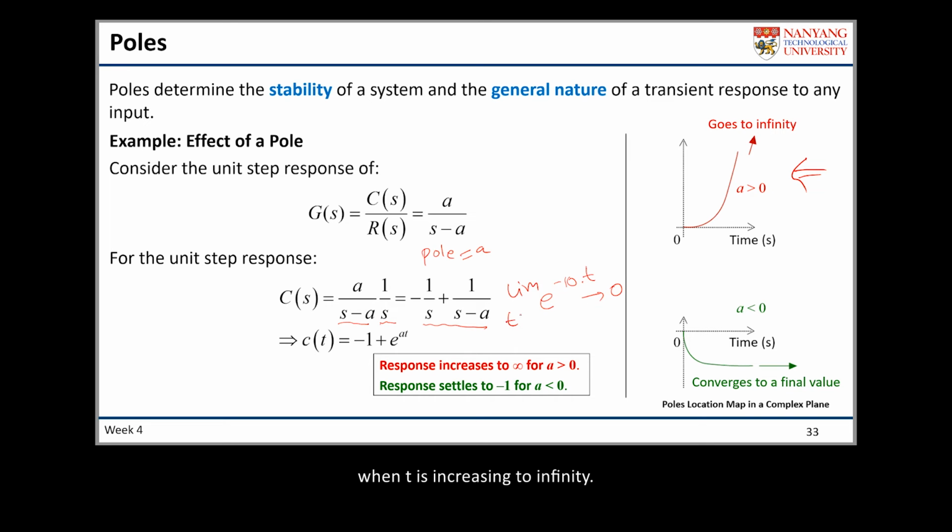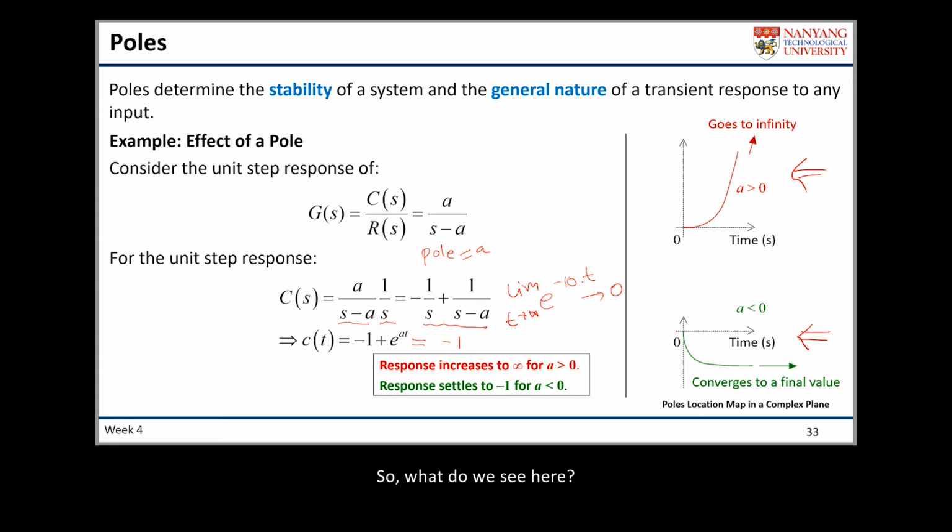So again, if a is negative, then when time is increasing, your c(t) value will tend to go to negative 1. If I plot c(t) in time for negative a, the response will be like this.